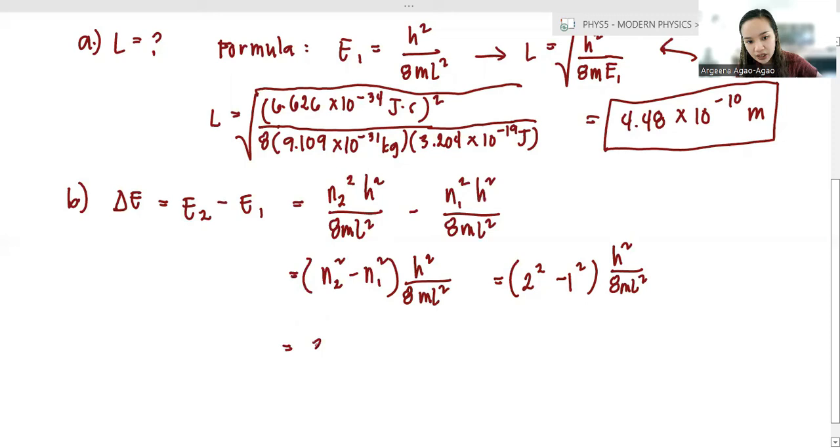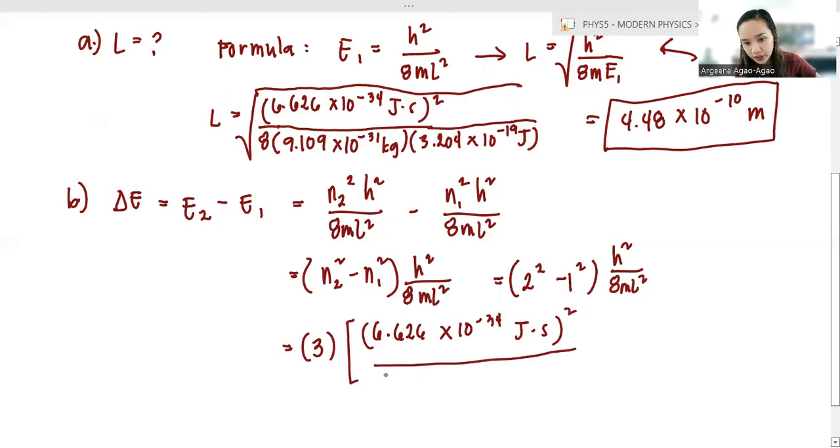We will have 3 times our h, that is 6.626 times 10 raised to negative 34 joule-seconds squared, divided by 8 times our mass, that's 9.109 times 10 raised to negative 31 kilograms, and our L, that is 4.48.